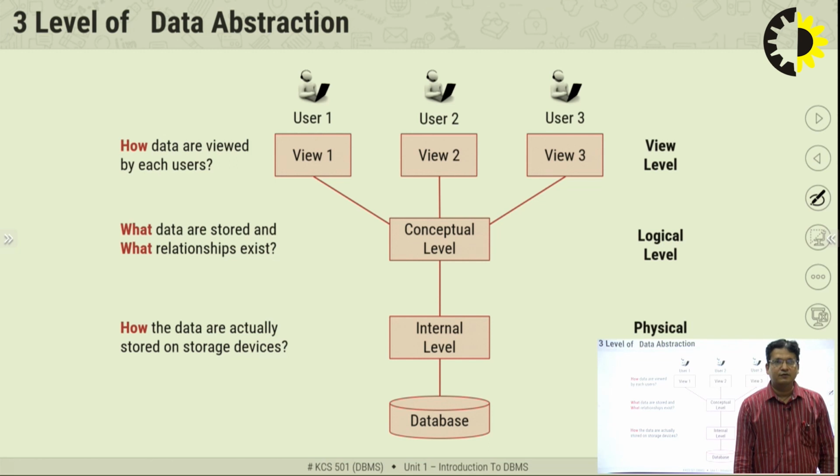The next level is the view level. As you can see, there are different views here. This is the user view, and a user gets to see only a certain portion of the database. He is not able to see all portions of the database, right? Why? Because a user is only interested in a certain portion of the database. Therefore, there are different views.